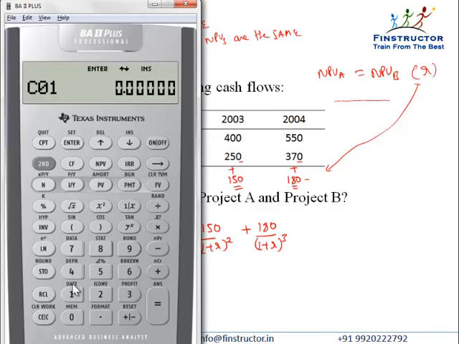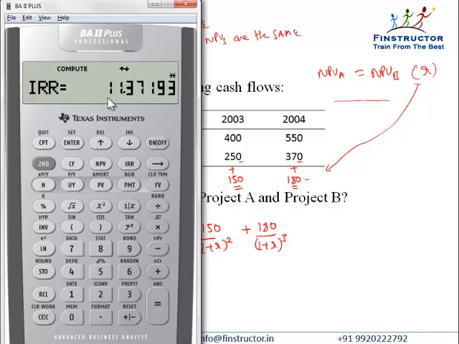So press the button 110 and press enter. Scroll down. The second year's cash flows differ by $150 and $180 for the third year. Press the button IRR and press compute.